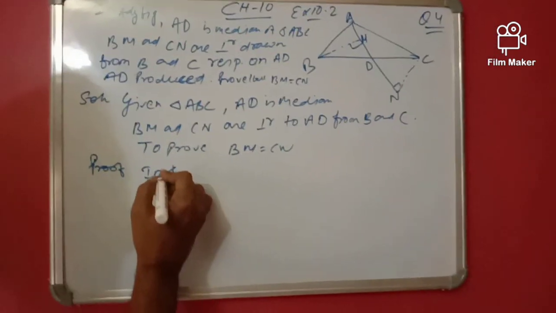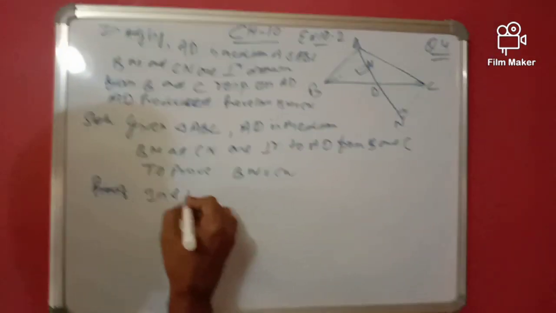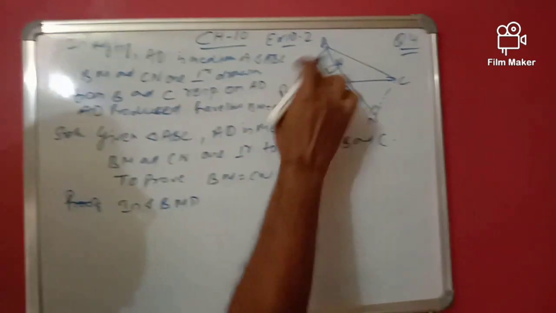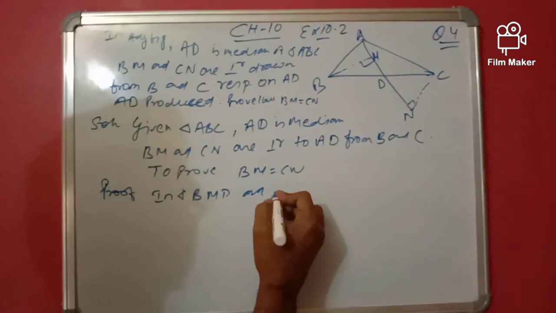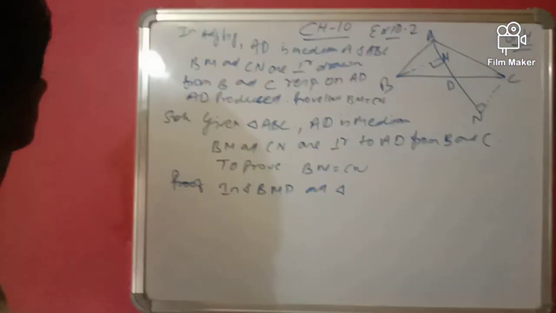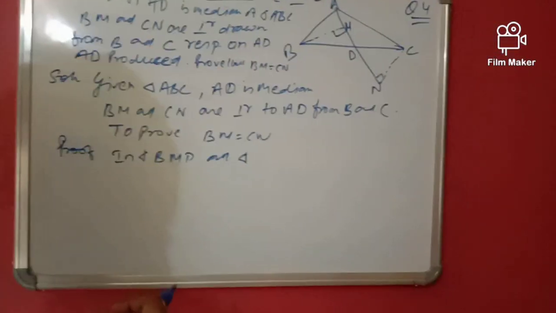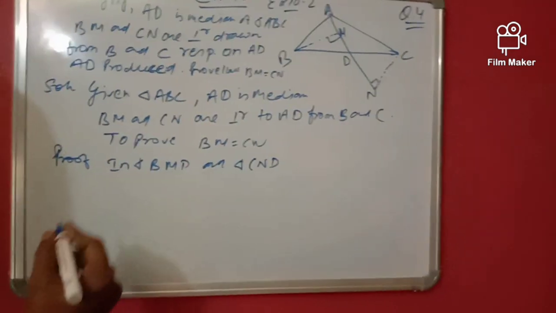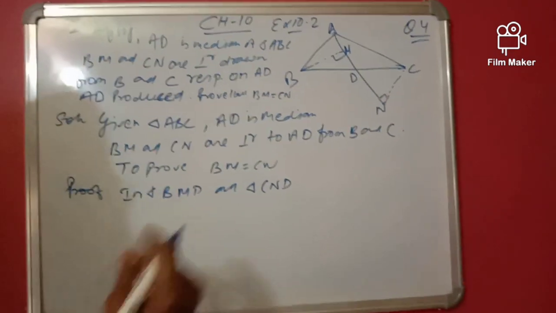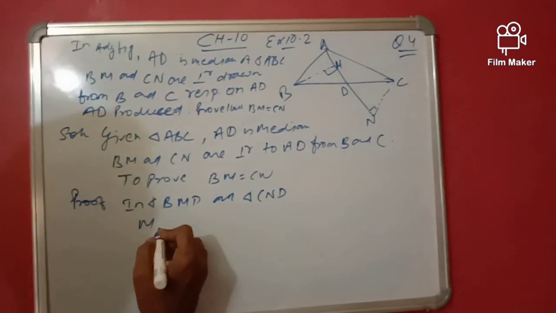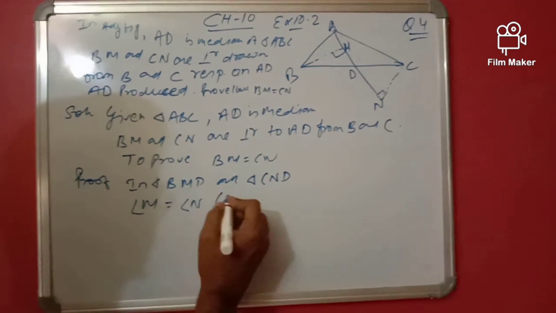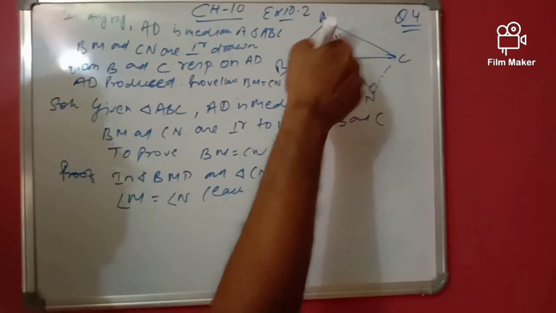In triangle BMD and triangle CND, angle M equal to angle N, they are 90 degree because perpendicular drawn, so it will be 90 degree each.